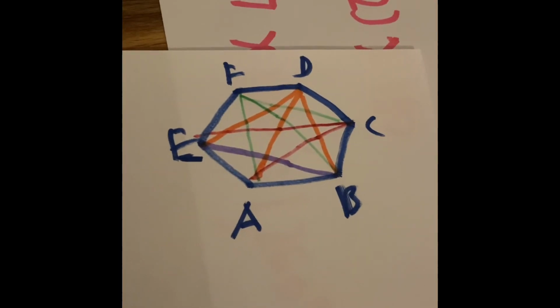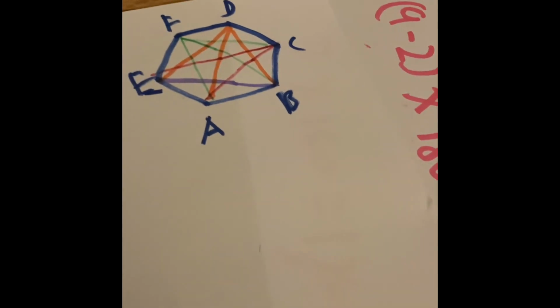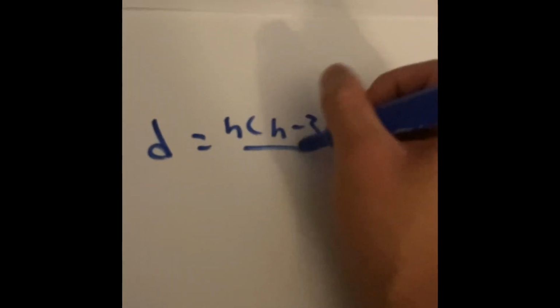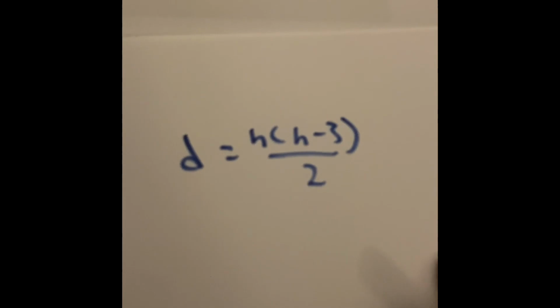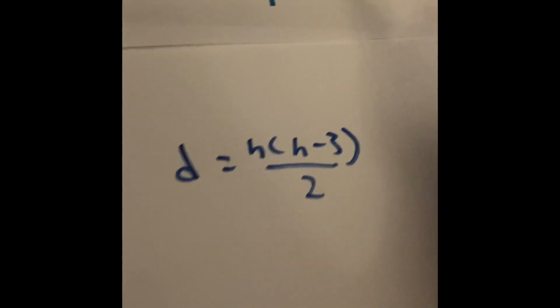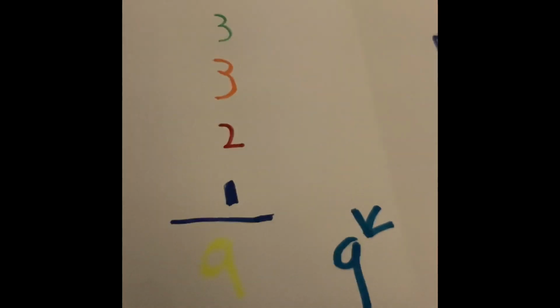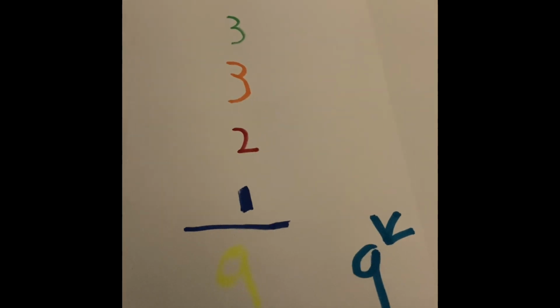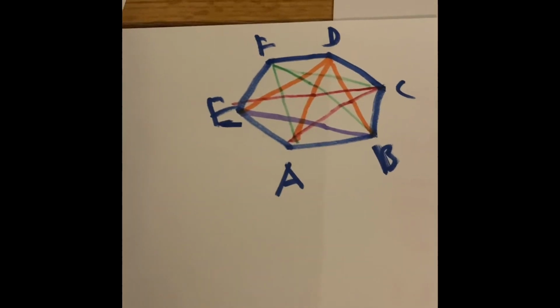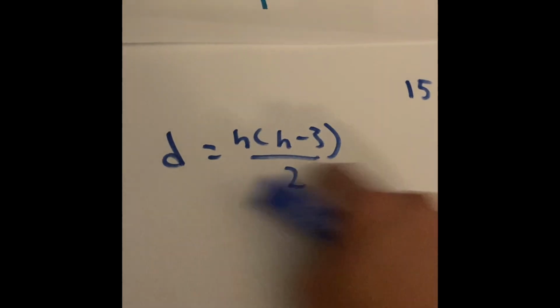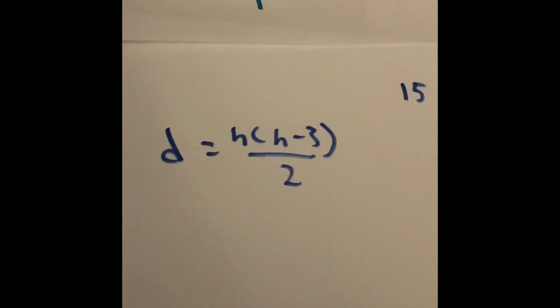Now, let's see what the next question is. Let's try a challenge. Going back to the formula, D equals n times n minus 3, divided by 2. What happens if we try to find the diagonals of a 15-sided shape? We could draw them manually, however, it's going to take a lot of time and be very boring. Therefore, we're going to use this formula as a shortcut.